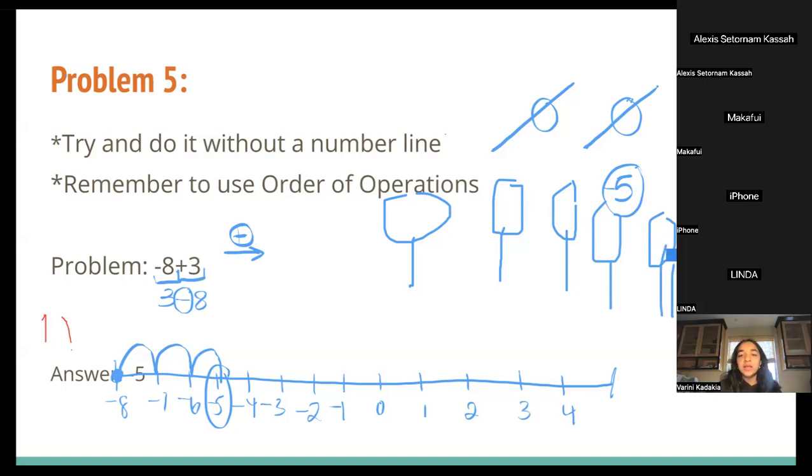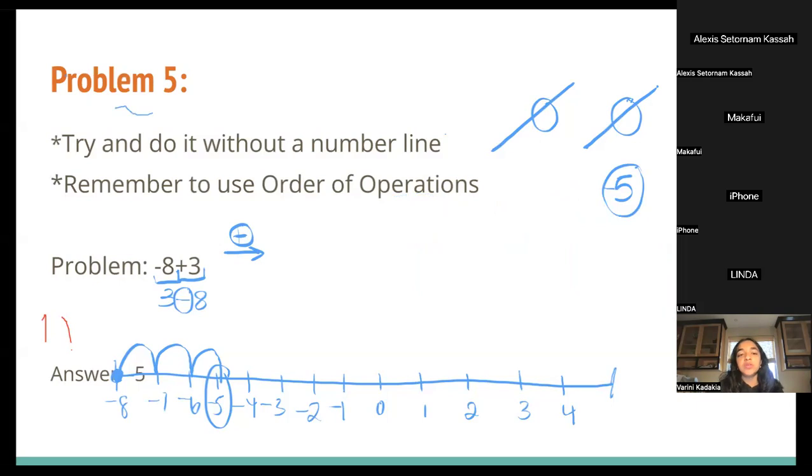Yeah, so I think everyone thought about it in terms of items. One thing with that though is you have to be very careful of the sign when you're doing something like that. The way I think about it is, instead of negative 8 plus 3, I'll think of it as 3 minus 8.